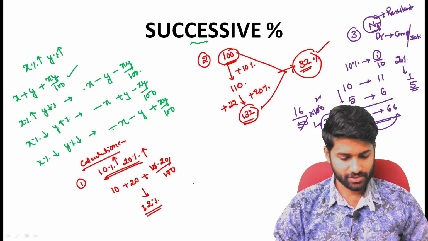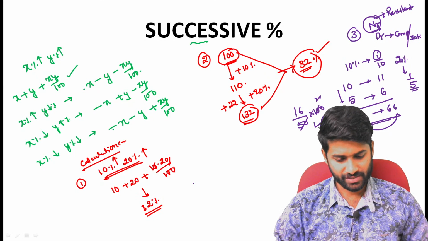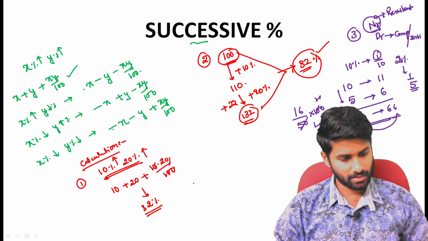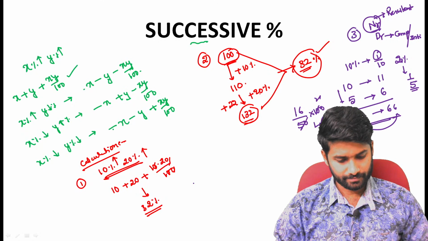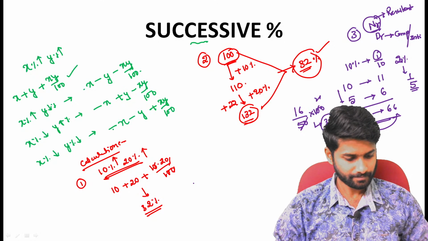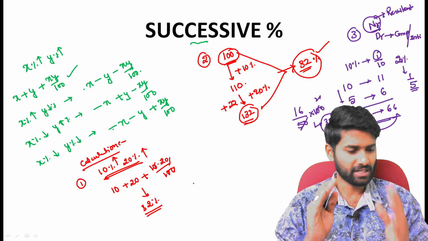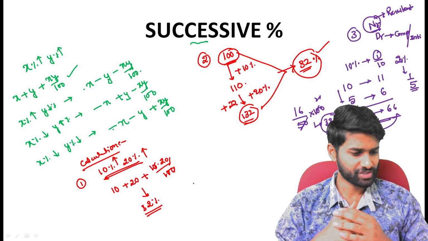So throughout the topic, I just go through the same calculation, guys. I'm not taking any formulas. With the help of these calculations only, I can solve the entire arithmetic question, guys.